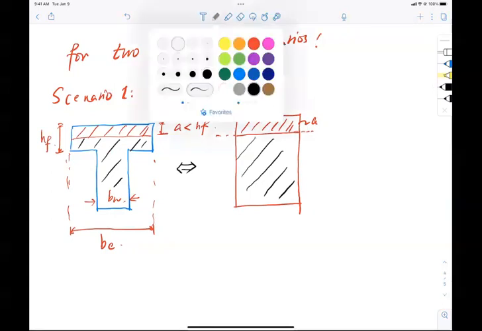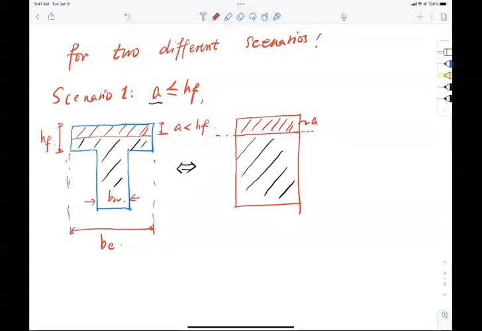So if you're so lucky, when a is smaller than or equal to hf, you can treat the T section as a rectangular section. Okay, so if that's the case, things are much easier.